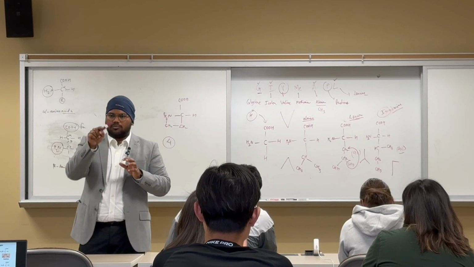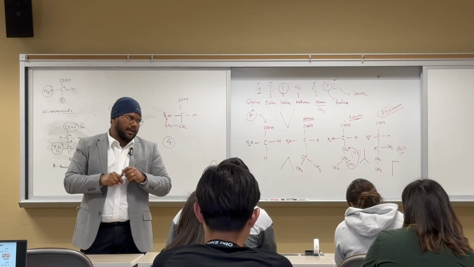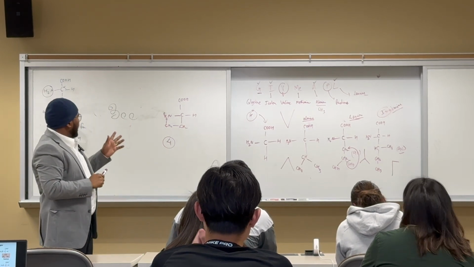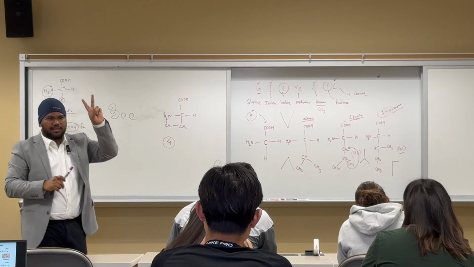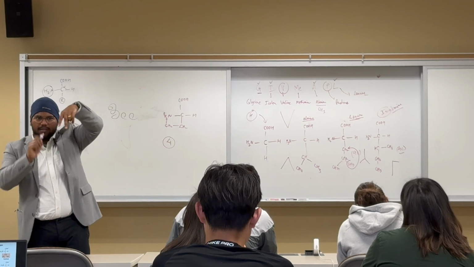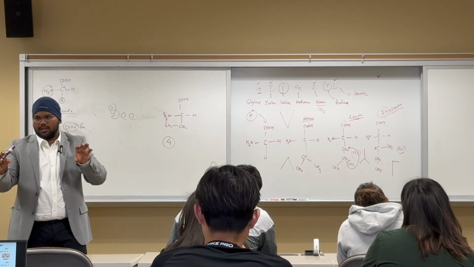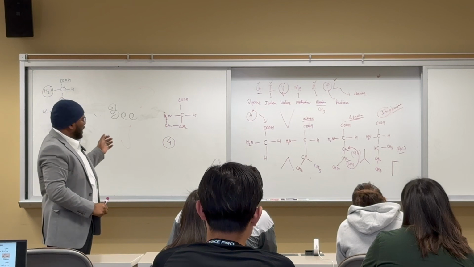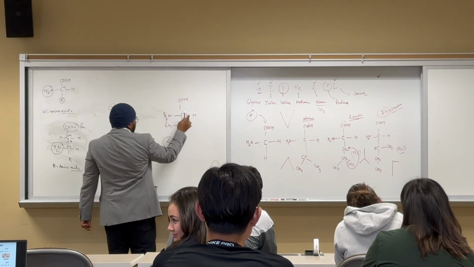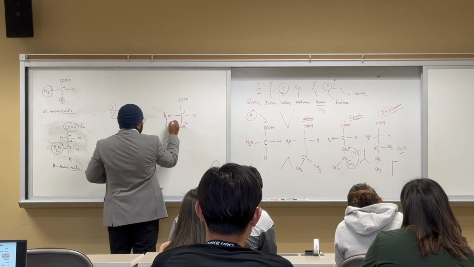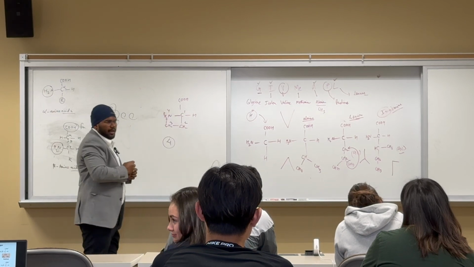Then we have valine. Valine is opposite V, CH, CH3, CH3. And lastly we have proline, which is again 4, 1, 2, 3, 4. 4 ring.